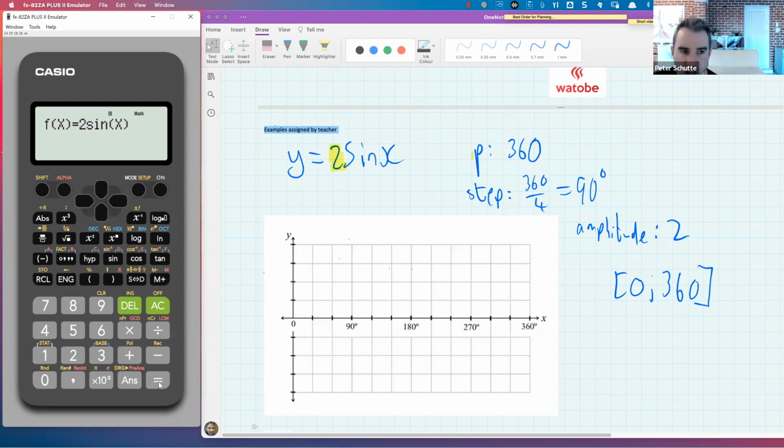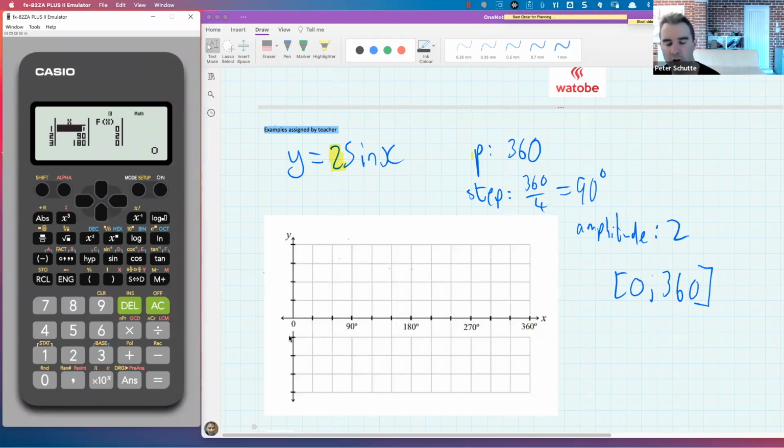Then I go equals, and I've got 2 functions turned on, but I don't need the second one, so I go equals again. Where do I start? At 0. I end at 360, and my step size is going to be 90 degrees in this case. Then I go equals.